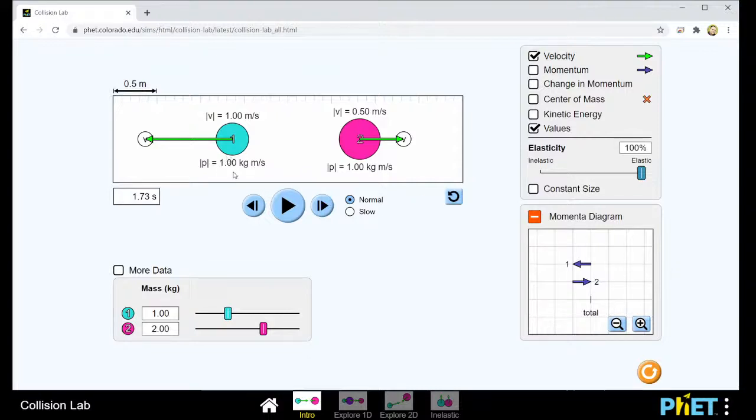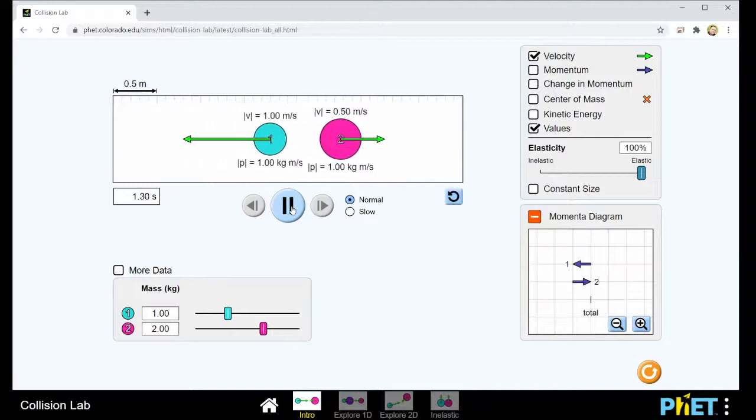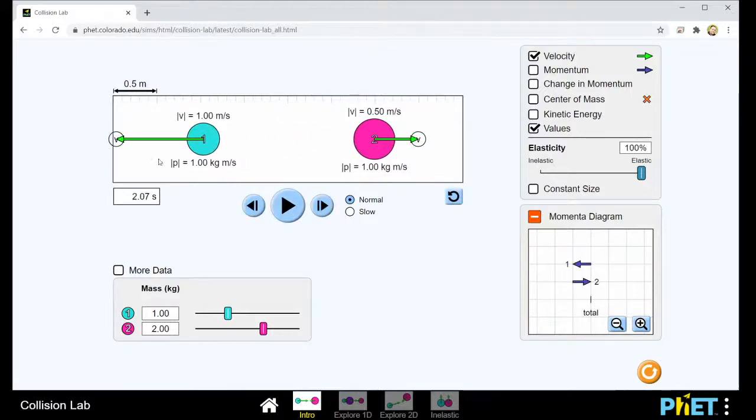Look at this, they change direction. Now mass 1 has a momentum of -1 kilogram meter per second. Mass 2 has a momentum of +1 kilogram meters per second. The total is still 0. Watch the momentum diagram down here. You see they flip direction?